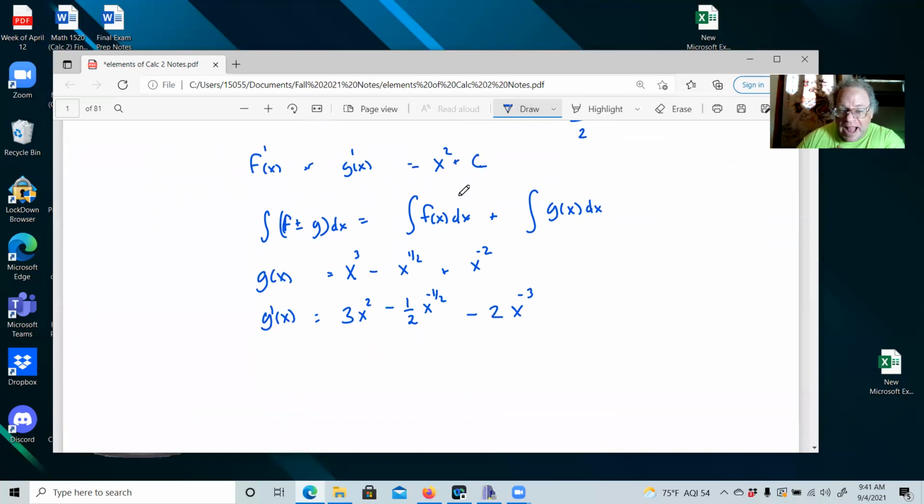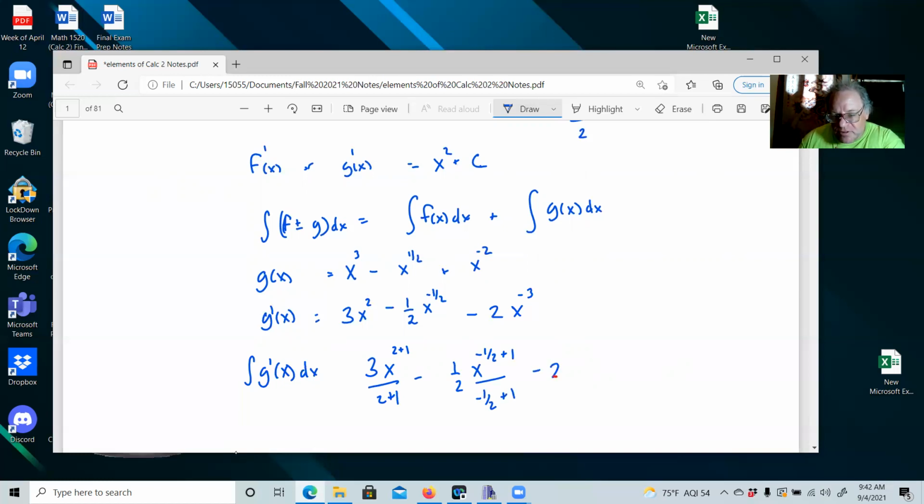Well, if I wanted to go back, we'll take the integral of this previous function. So what we're going to say is that's just going to be 3x to the 2 plus 1 over 2 plus 1, minus 1/2 x to the -1/2 plus 1 over -1/2 plus 1.